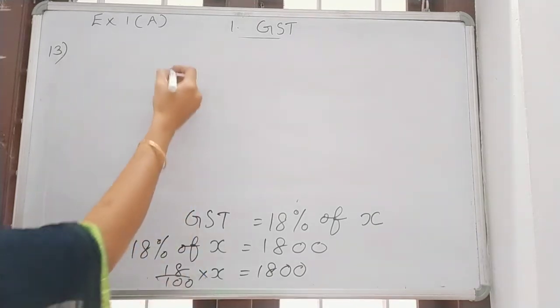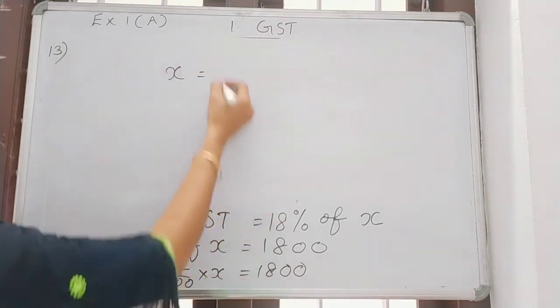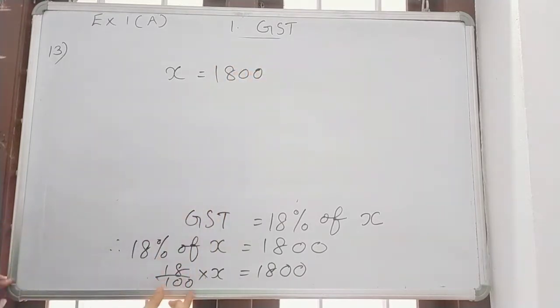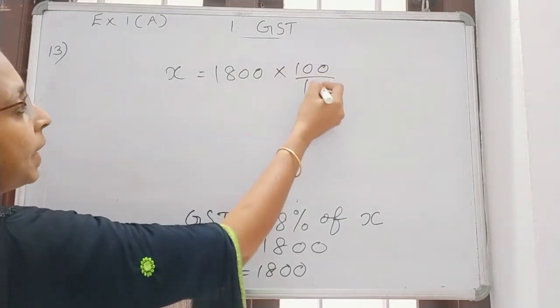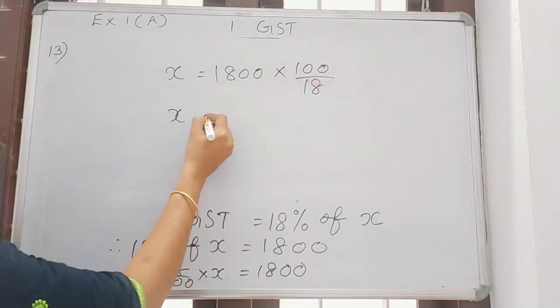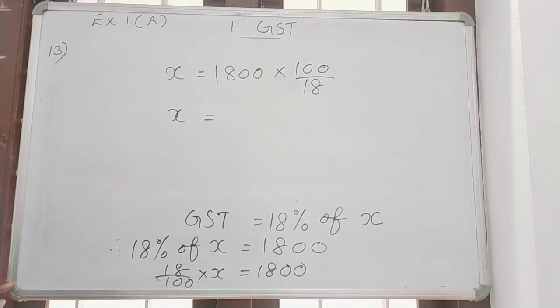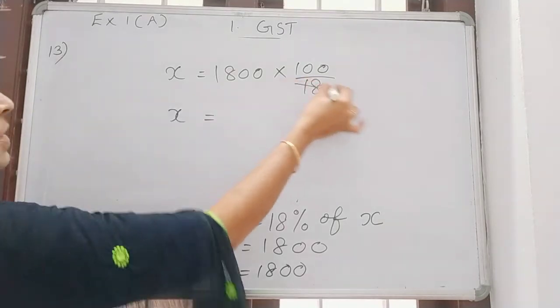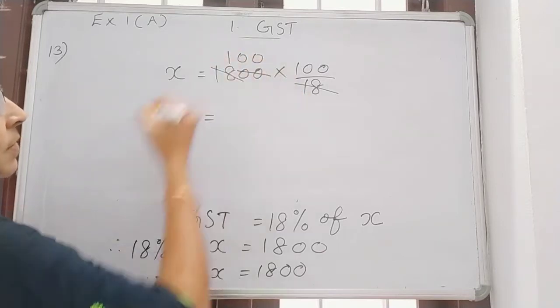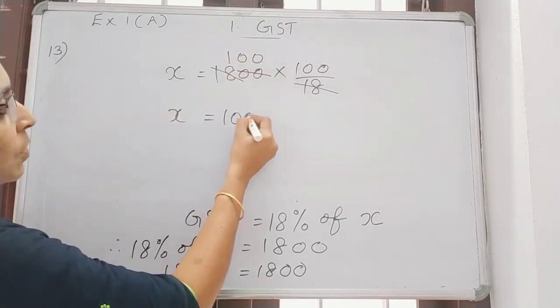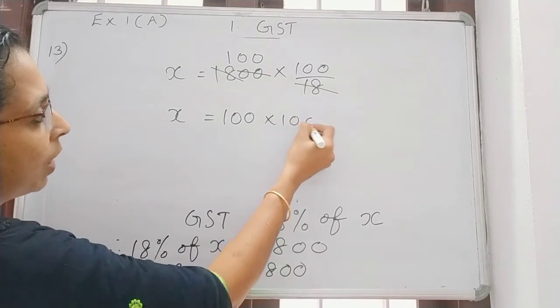So X we want to find. X means right side 1800, so from the left side 18 by 100, if we take to the right side it will become 100 by 18. So X is equal to how much rupees? 18 and 18 we can cancel one time, then 0 0 0 0 itself. So 1 0 0, that is 100 into 100.